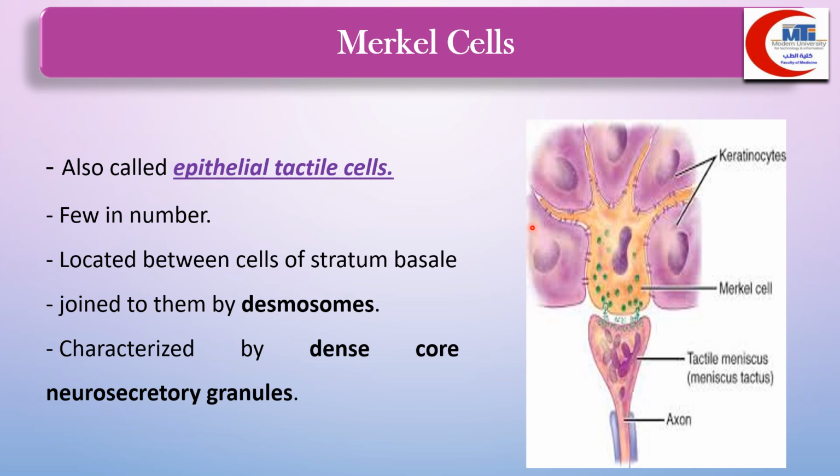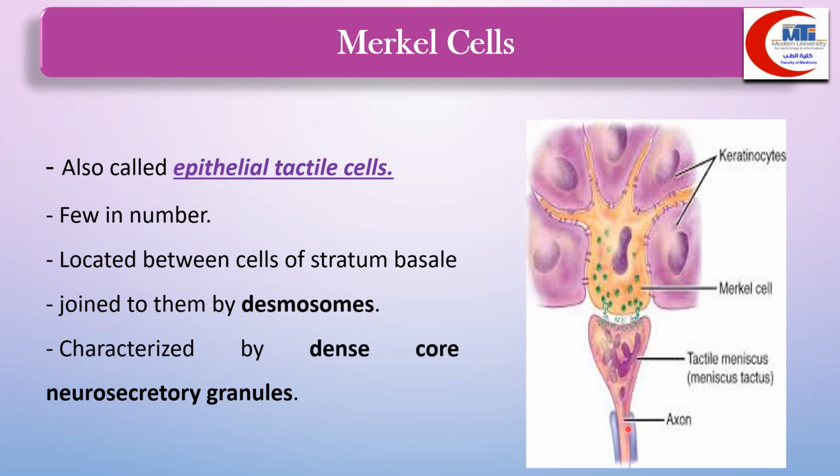The nucleus is single and central with indentation. The cytoplasm is pale, containing dense granules, as we mentioned, characterized by dense core neurosecretory granules. They are associated with Merkel's disc, to which they are closely applied.